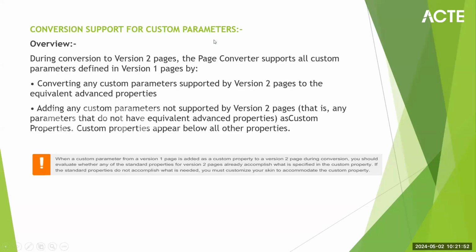Conversion support for custom parameters, like converting from version 1 to version 2. Suppose you have created a manuscript in version 1. Now the customer wants that particular product to be updated with some extra features, but not in the current version; he wants them in the next version.